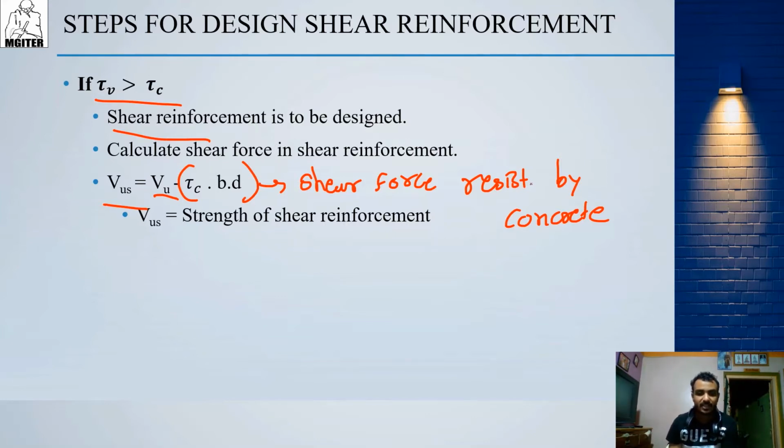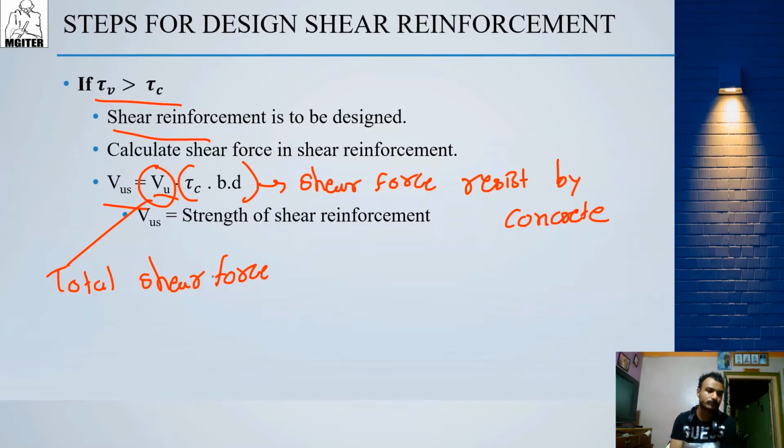Okay, this shear force is resisted by the concrete, and this is the total shear force. Okay, assume the total shear force is 120 kilonewton. But some portion is resisted by the concrete. Say it is resisted by 50 kilonewton.